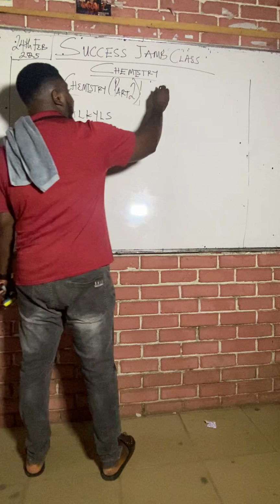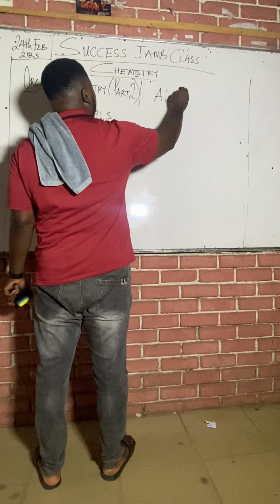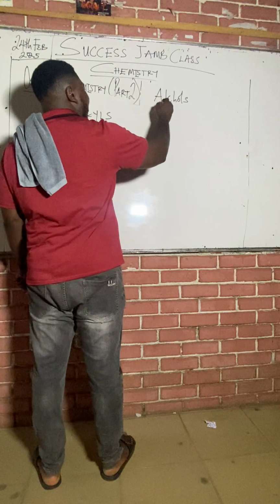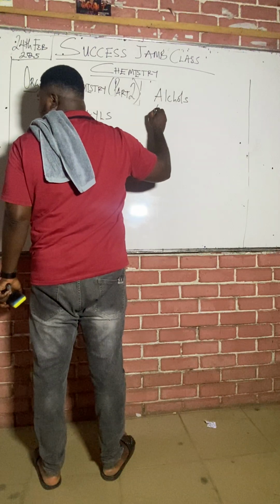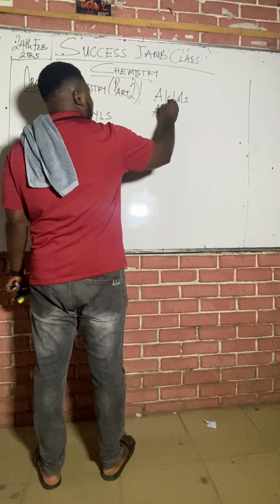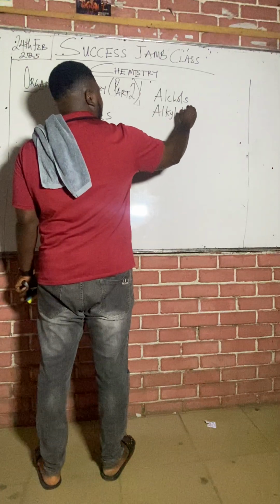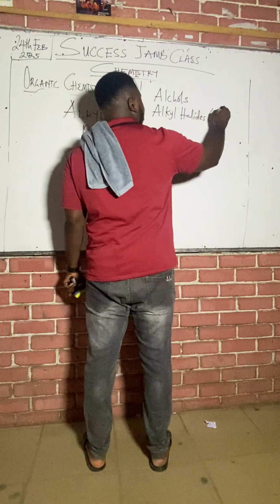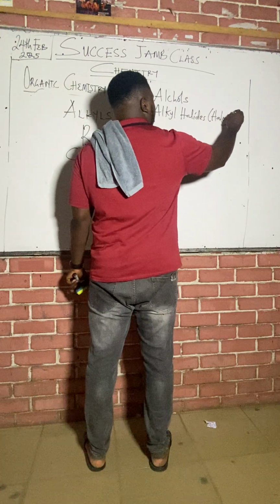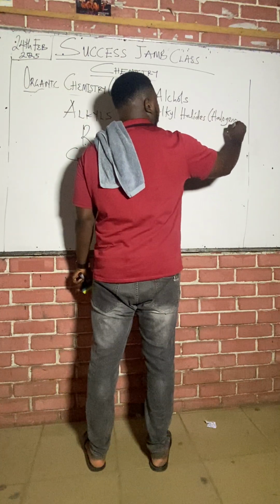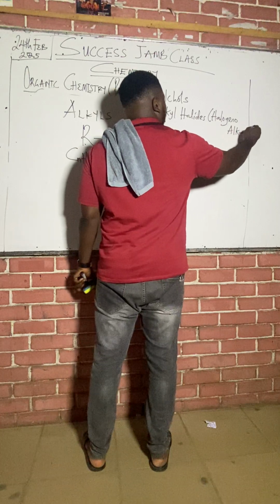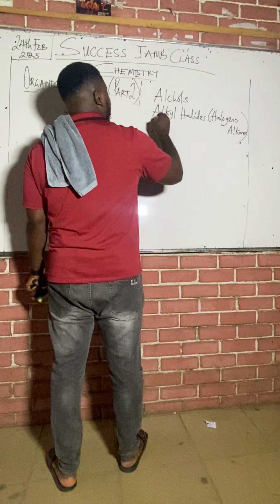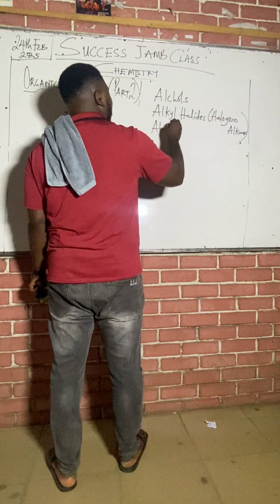Major functional groups, we have families. Apart from alkenes and alkynes, we have alcohols. We have alkyl halides. Alkyl halides are also called halogenoalkanes. Halogenoalkanes. We have aldehydes and ketones.